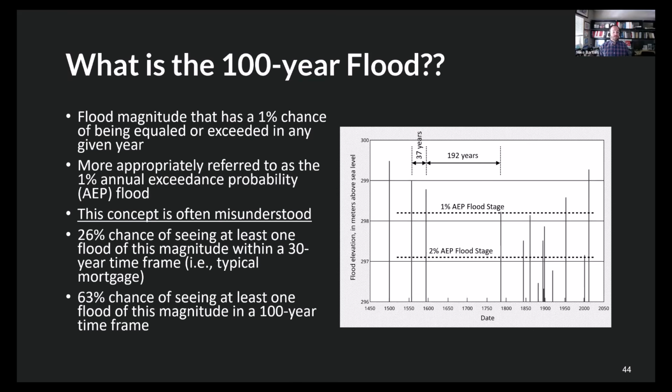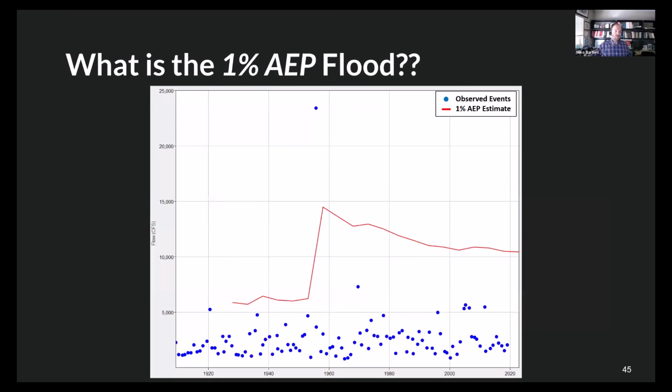But there can also be multiple occurrences within a 100-year period as well. In fact, the probability of getting a 100-year flood, or 1% annual exceedance probability flood, in the life of a mortgage of 30 years is actually 26%, which is pretty wild to think about and hits home pretty heavily, right?